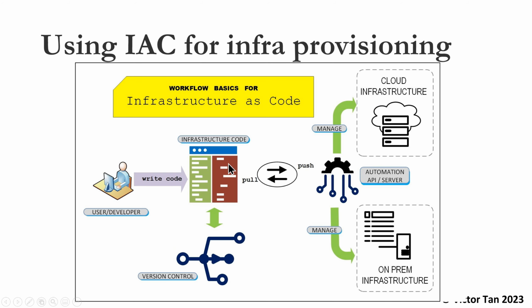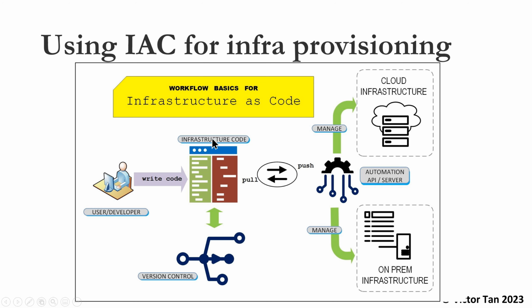Let's say I want to set up an infra environment for my production server. Maybe in my production environment I need 20 different servers, 10 of them using Ubuntu, 5 using Windows Server, and another 5 using Red Hat Enterprise Linux or Fedora, and I need to set up all these servers in different ways.